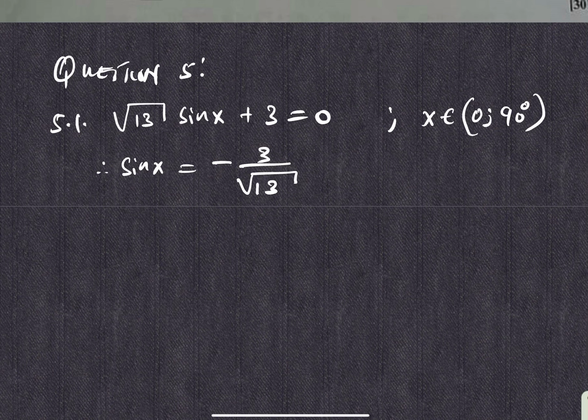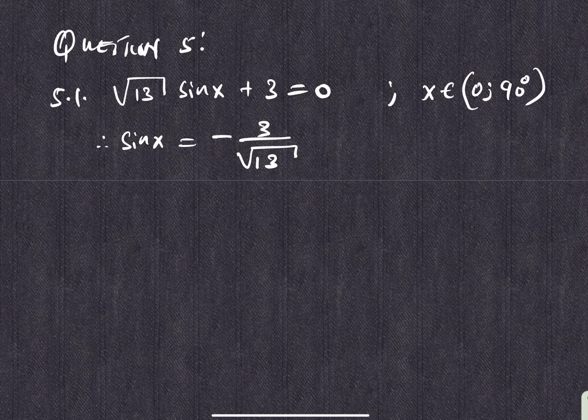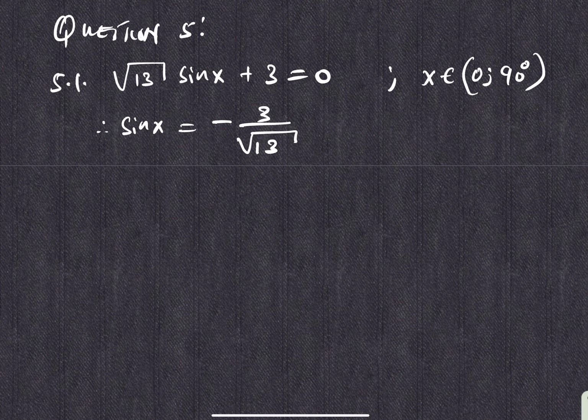In the first quadrant, it's positive, which is going to give you the acute angle they are looking for, or an obtuse angle. But what you have here is going to give you a reflex angle and a revolution angle, because that is where sine is negative. So I'm going to play some maths here. If I square both sides, this becomes sine squared x equals 9 divided by 13.